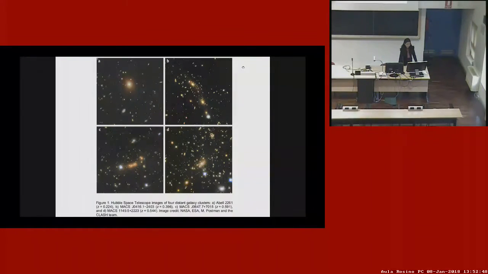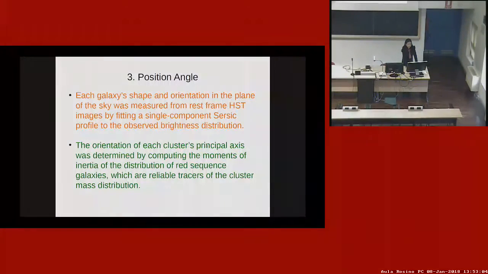Here are 4 images from the Hubble telescope. Their redshifts are 0.2 for A, 0.4 for B, 0.6 for C, and 0.5 for D respectively.